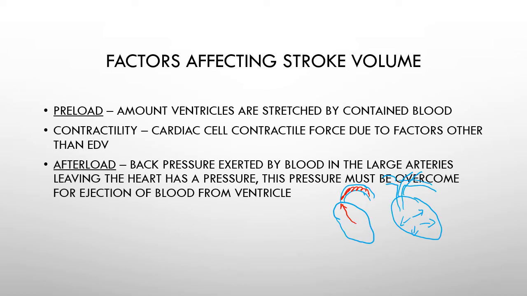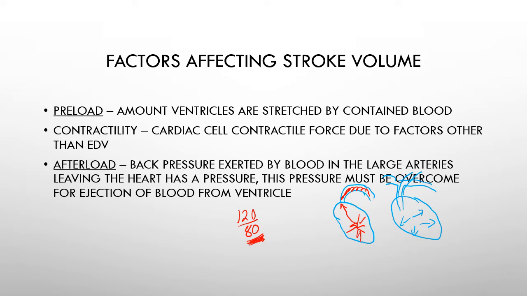And so if we think about what we deem normal blood pressure, 120 over 80, the 80 number, our diastolic number, is the amount of pressure that generally the heart is going to have to overcome in order to get the blood to come into the aorta. So the ventricles are going to have to squeeze in with enough force in order to overcome that diastolic pressure.